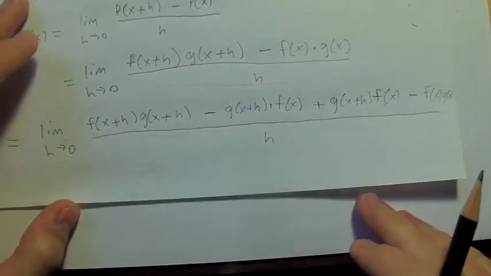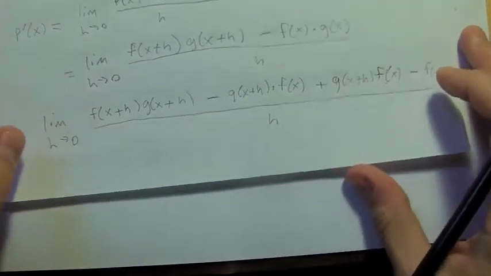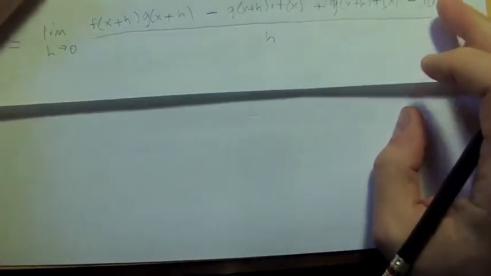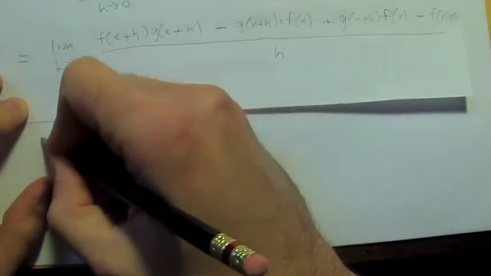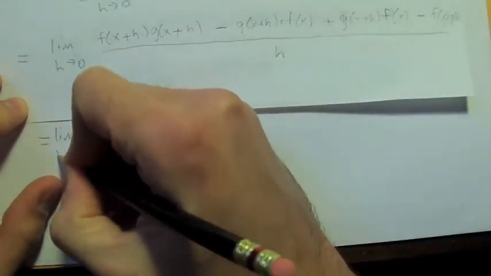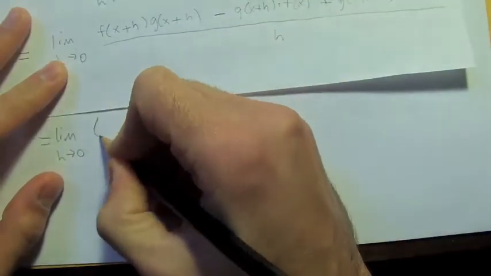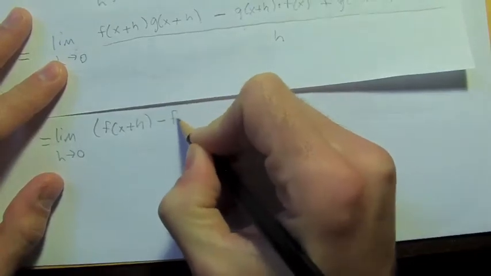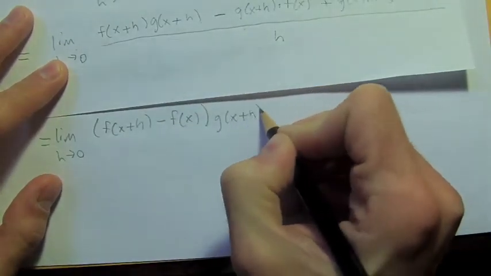Okay, so I'm going to factor a g of x plus h out of the first group. So let's do that down here. This is the limit as h goes to 0 of the f of x plus h minus f of x times g of x plus h.